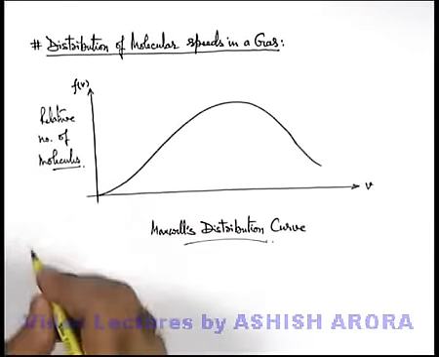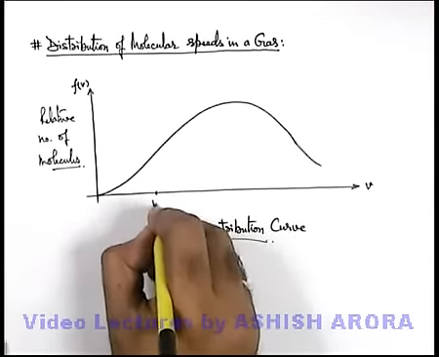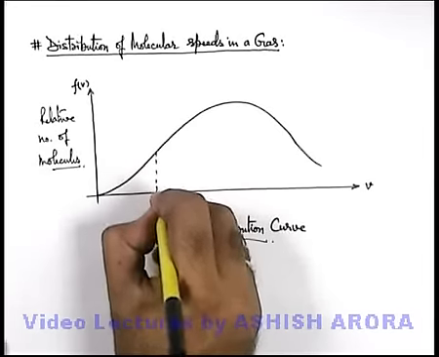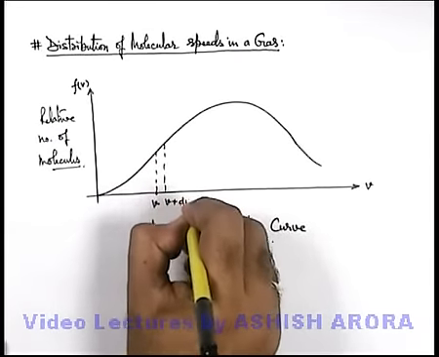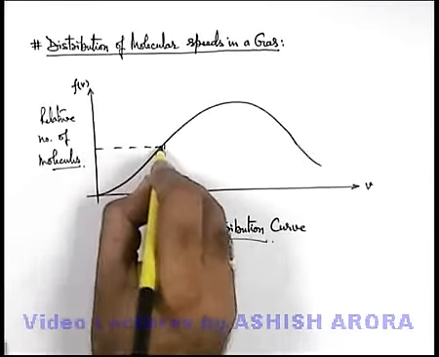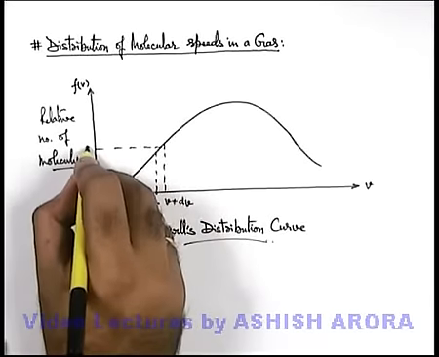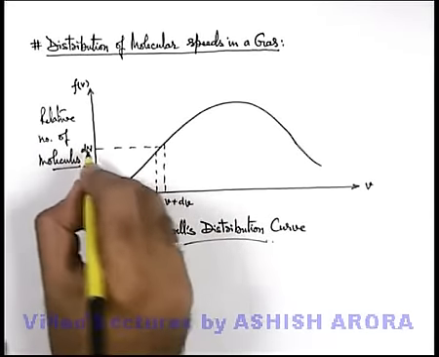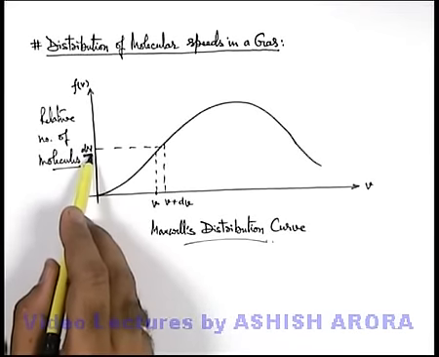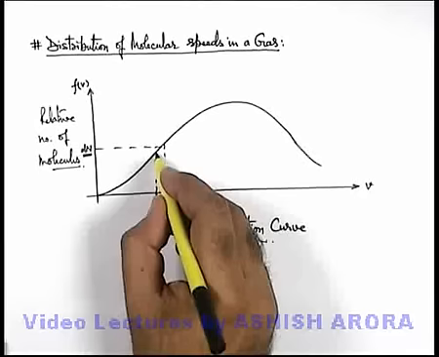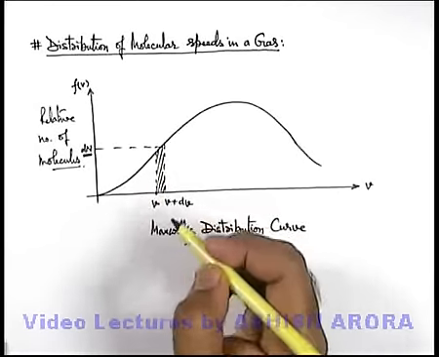at a particular speed. Say at a particular speed v, within a range from v to v plus dv, the number of molecules are given as say dn. Say dn are the number of molecules which are having a speed within the range from v to v plus dv.